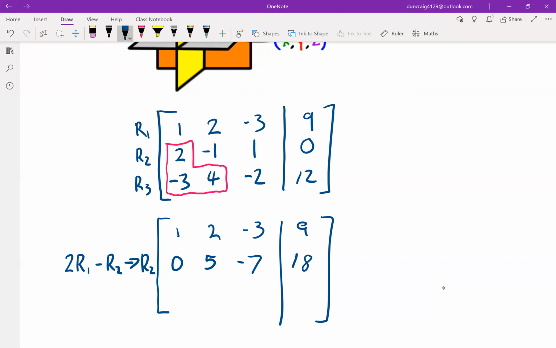So what I've got to do is take 3 of R1. I'm going to add row 3 to it, and I'm going to put it back into row 3.